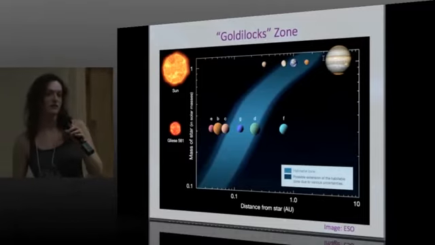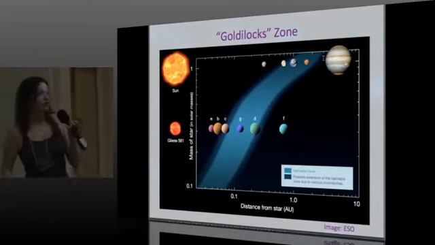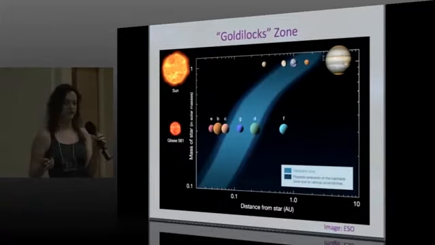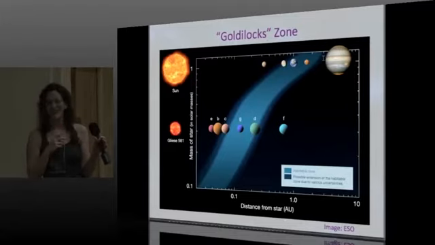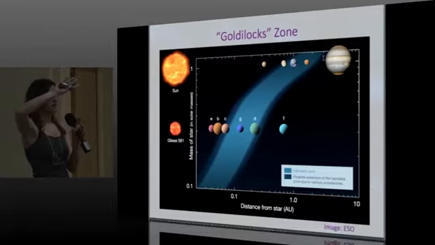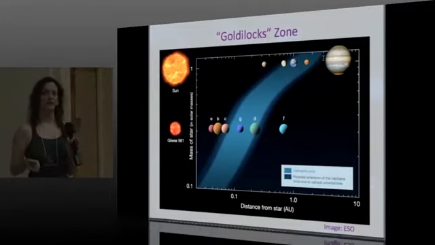So tidal locking is when two orbiting bodies show the same face to each other all the time. The easiest analog again would be the Earth-Moon system. The moon is tidally locked to the Earth, which is why we always see the same face of the moon. The moon does not seem to rotate. I'm not explaining that very well.